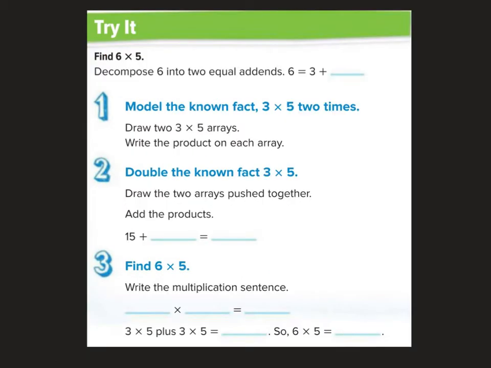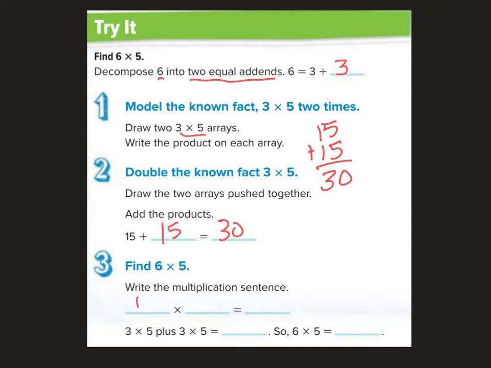Here we go. What about 6 times 5? If I decompose 6 into 2 equal addends, I could say 6 is equal to 3 plus 3. I know 3 times 5 is 15. So if I double it, I would get 30. I could take 15 plus 15, which is 30.